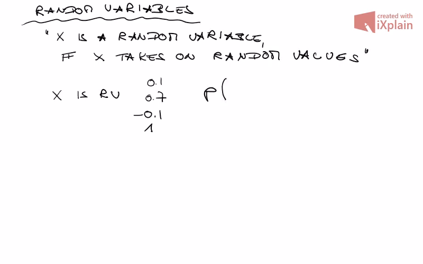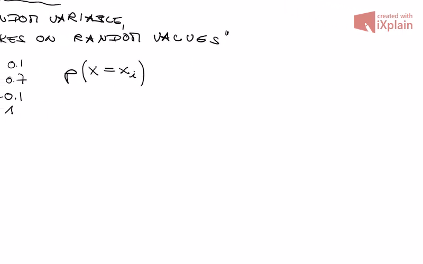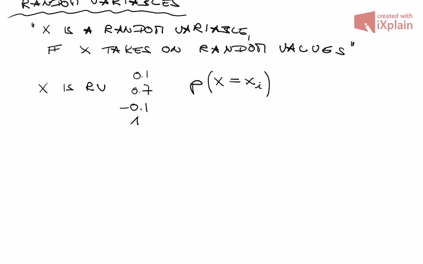This statement P(X = xi) is supposed to be the probability that X takes on the value xi. So let's revise this and write it up nicer again.